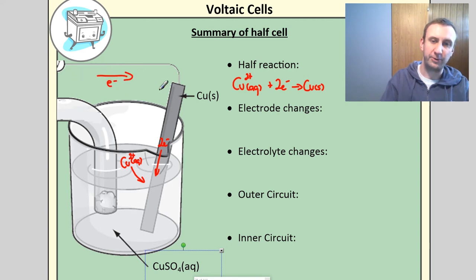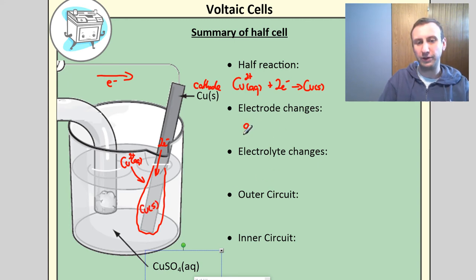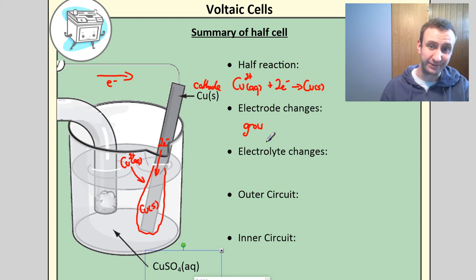Because electrons are going from anode to cathode. And then what will happen is when these meet up, it's going to make solid copper on the outside of this electrode. So I'm going to make Cu solid. So the electrode is going to grow. It's getting plated over time. Fat red cat. The red cat is getting bigger because the reduction, right, red, happening at the cathode, cat.